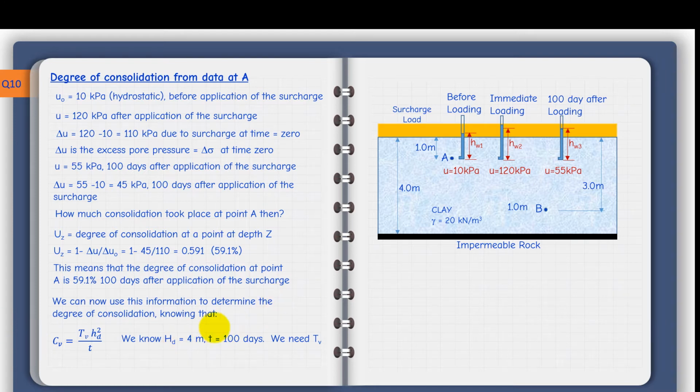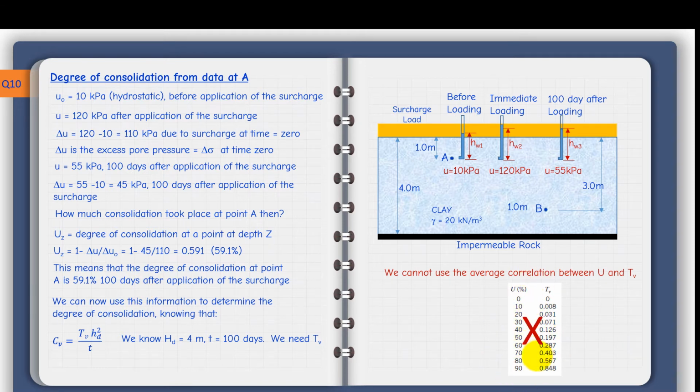We know that the thickness of the clay is 4 meters, and also Hd here is 4 meters. This should be H small, not H capital. So it's 4 meters because this is impermeable rock. So the longest drainage path would be all the way from the bottom here to the surface. That's 4 meters. Time is 100 days. So we need the time factor Tv.